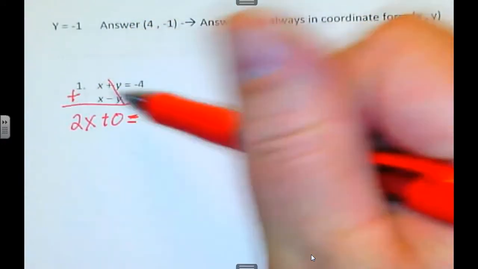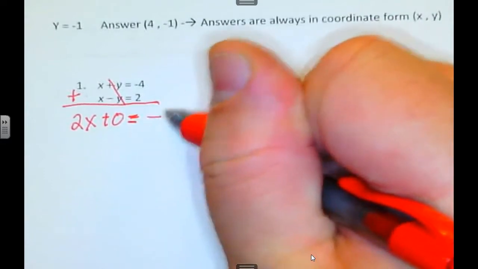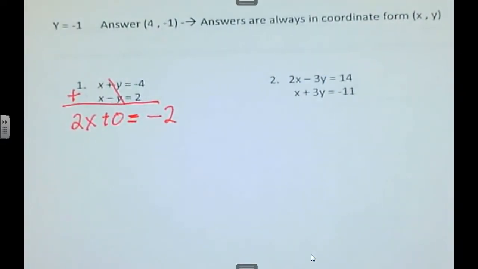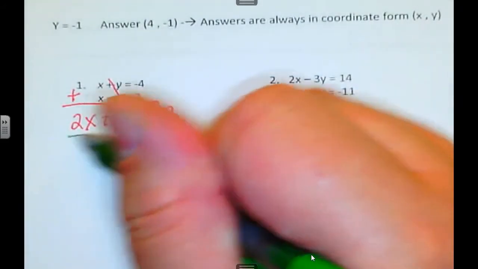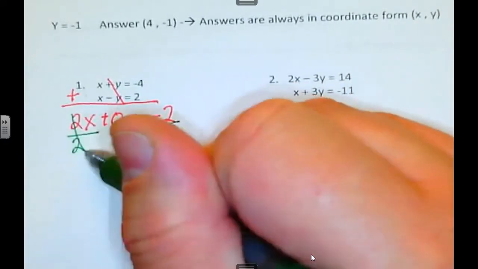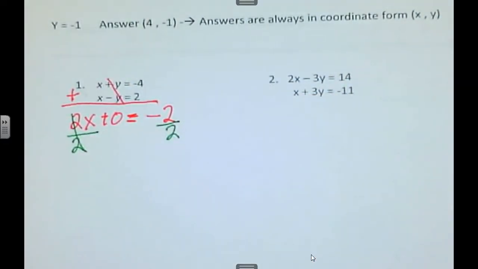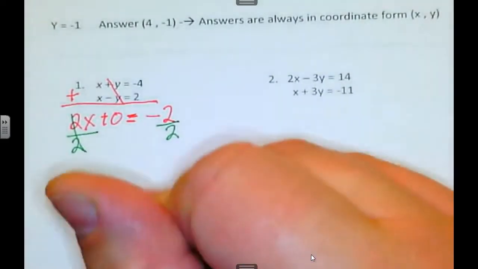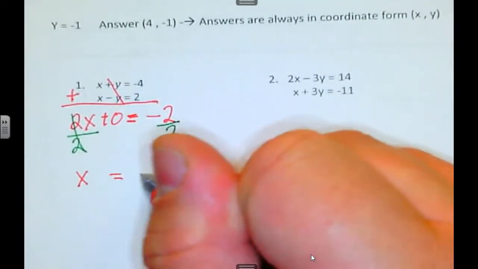Negative 4 plus a positive 2 is negative 2. I have to solve for x, so I'm going to divide by the coefficient 2. So x equals negative 1.